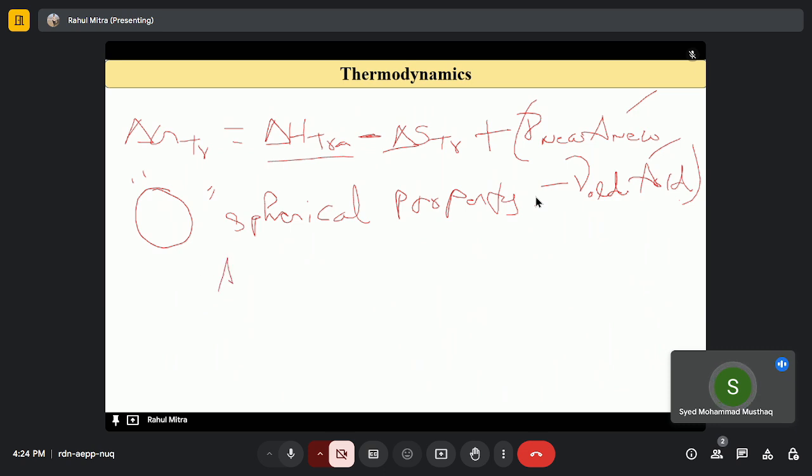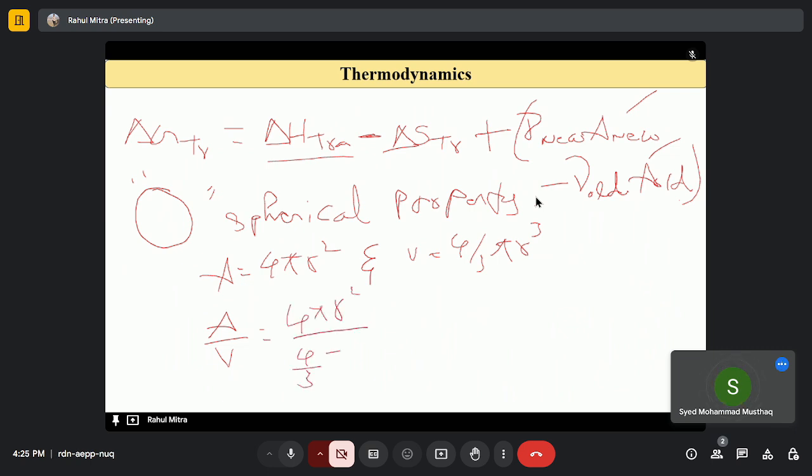A sphere has area 4 pi r squared and volume 4 by 3 pi r cubed. Then area by volume will be 4 pi r squared divided by 4 by 3 pi r cubed. The 4 and pi get cancelled, r squared cancels, then we have 3 by r.